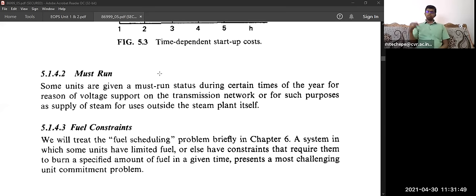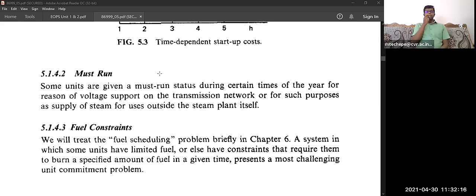There will be some units of generators. If they turn on the first generating unit today, they will turn on the second generator, then the third generator, like that. But always that plant will be in operation. Why? Because to supply the reactive power, that generating unit has to run, so that you will get maximum power.